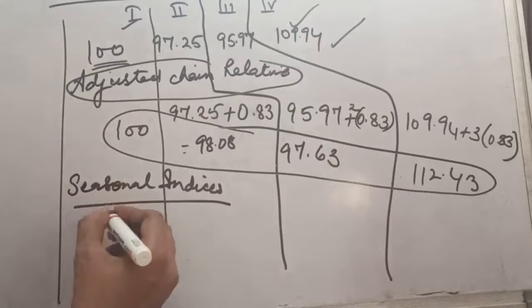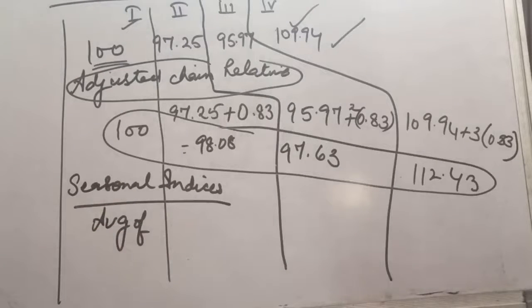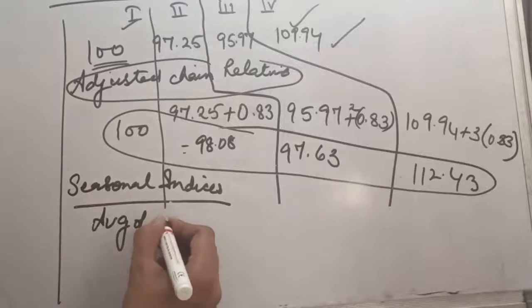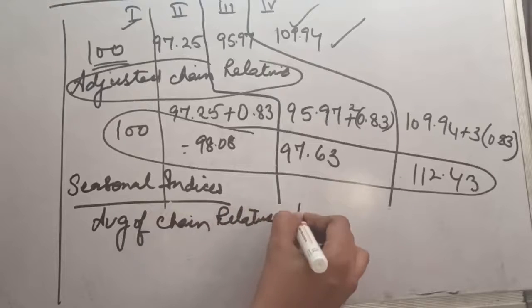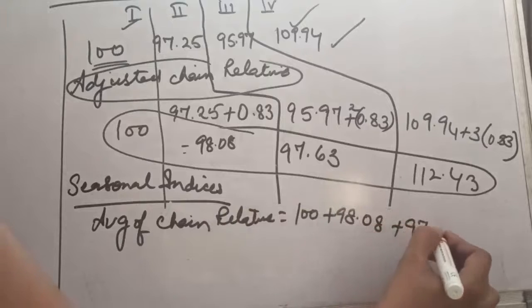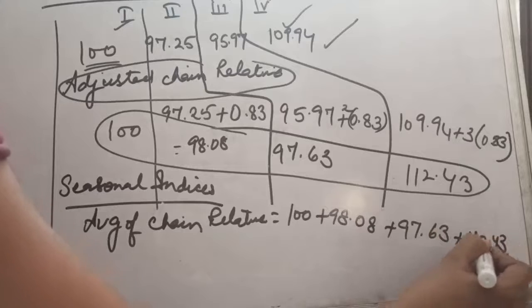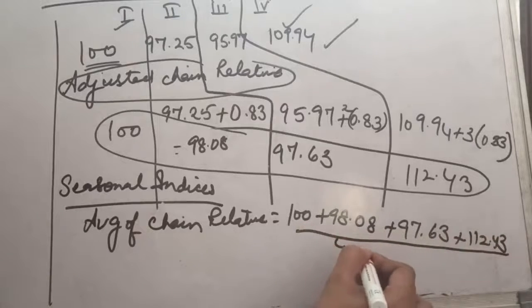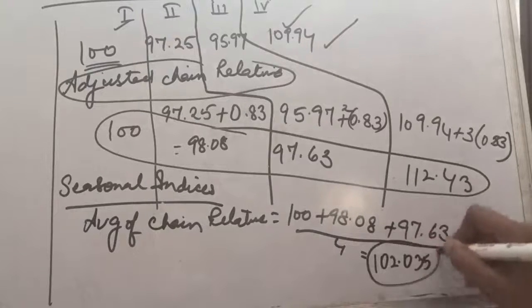So I will calculate the average of chain relatives. So when we solve it, the average comes out to be 102.035. This is the average.